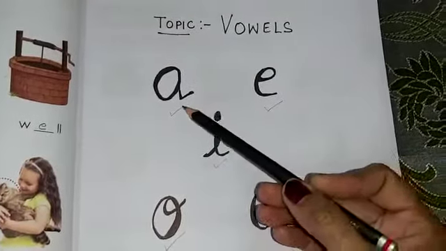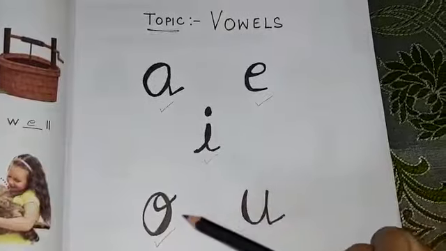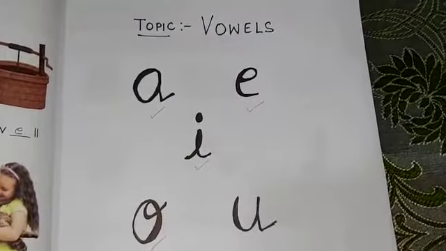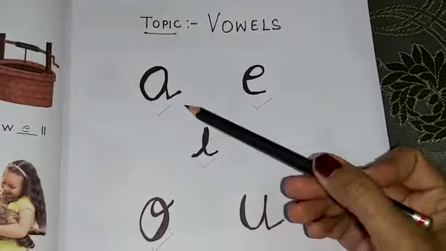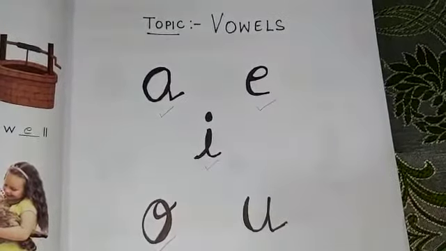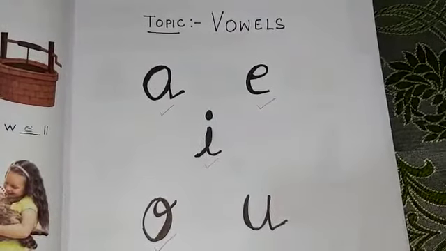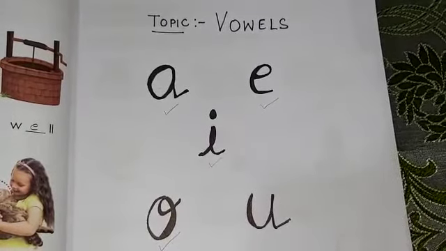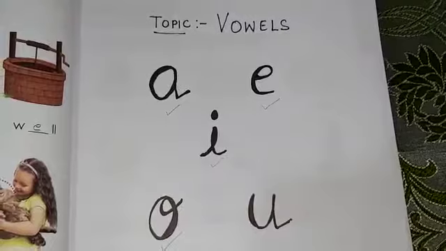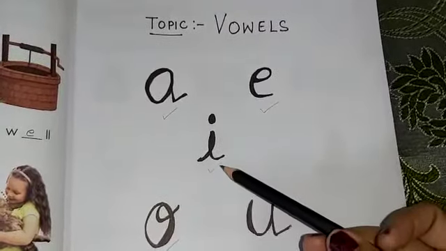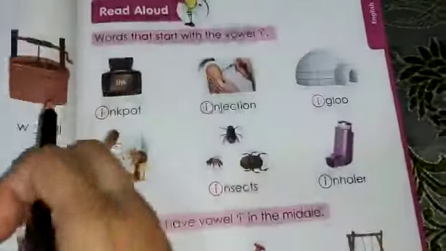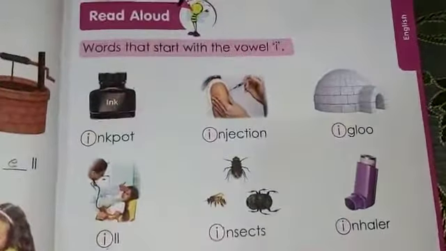These are A, E, I, O and U. We have already done vowel A and vowel E. We have seen how we found vowel A in the starting of the word, in the middle of the word. Similarly for vowel E. Today we are going to do vowel I. So let's start studying what's given on page number 25.